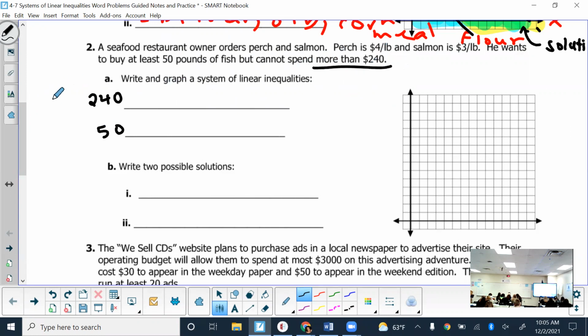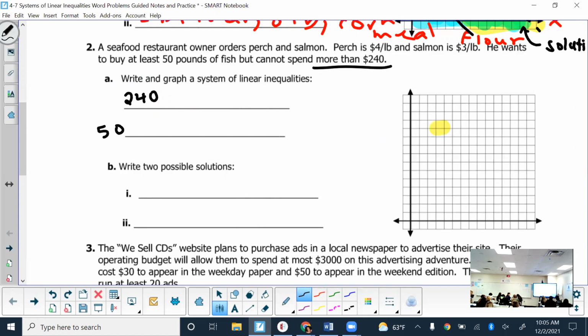So whatever goes over here, can it be greater than 240? If we cannot spend more than 240, are we allowed to have whatever we spend be greater than 240?